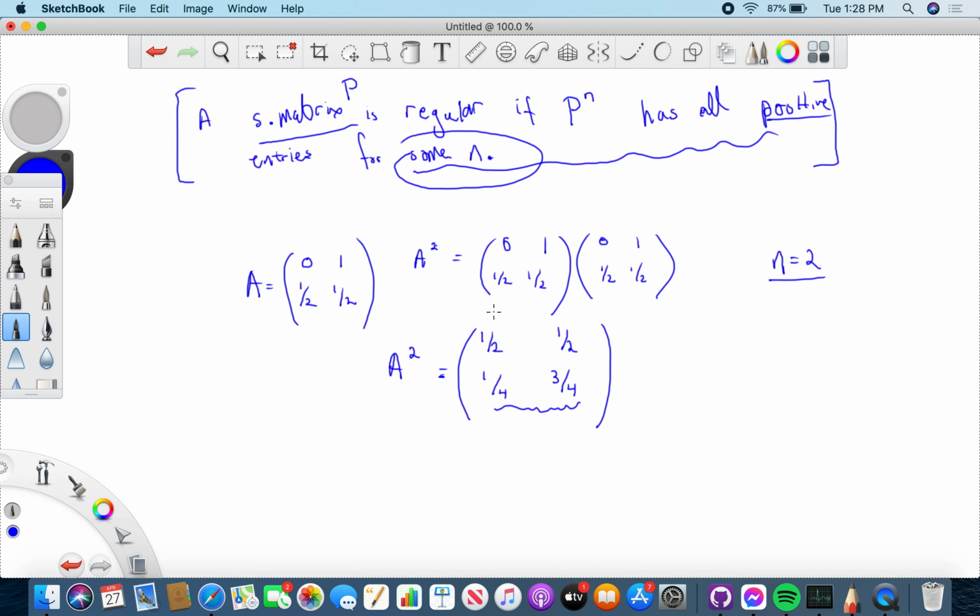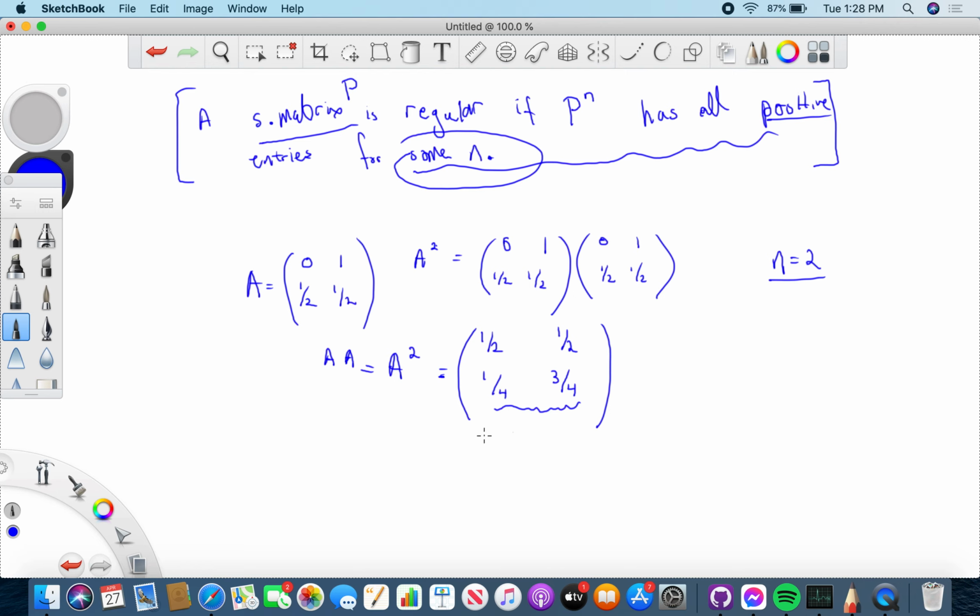I haven't decided yet. A squared is just A times A, and A is a stochastic matrix, so it is also stochastic. Indeed, the values are non-negative and the rows sum to 1.